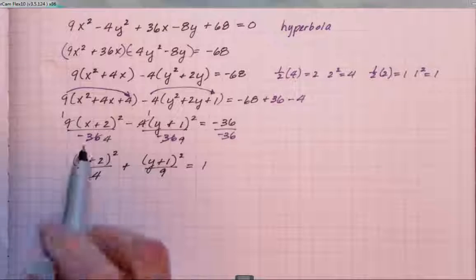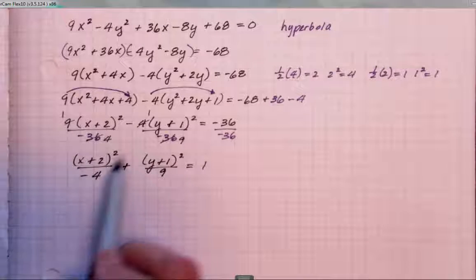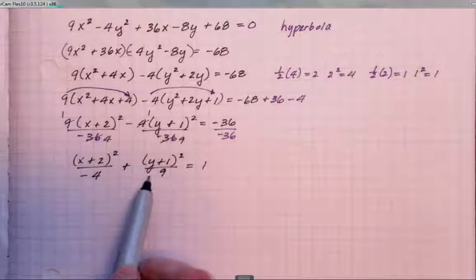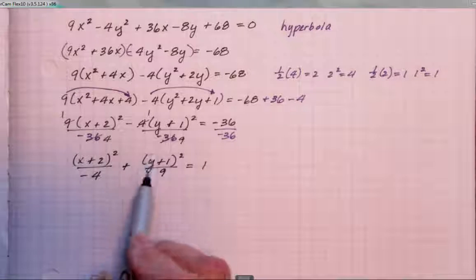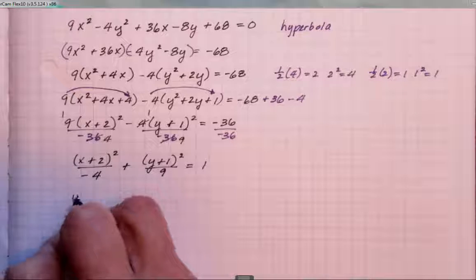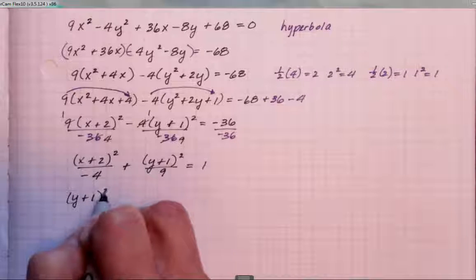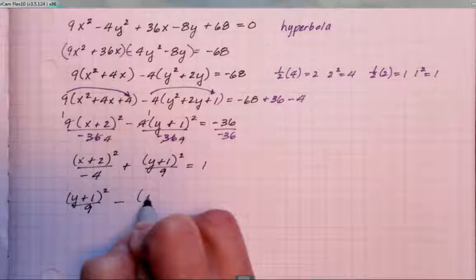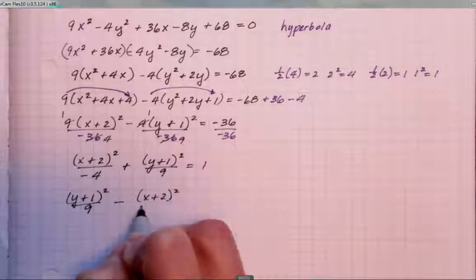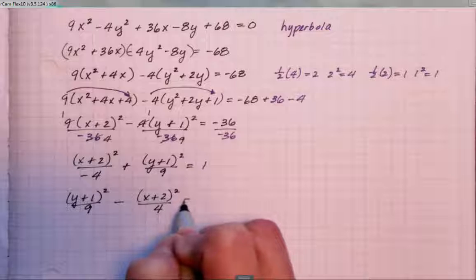So notice I had the negative here, and these two negatives ended up making it a positive. So to be in standard form, I want my positive term first: y plus 1 quantity squared over 9 minus x plus 2 quantity squared over 4 equal to 1.